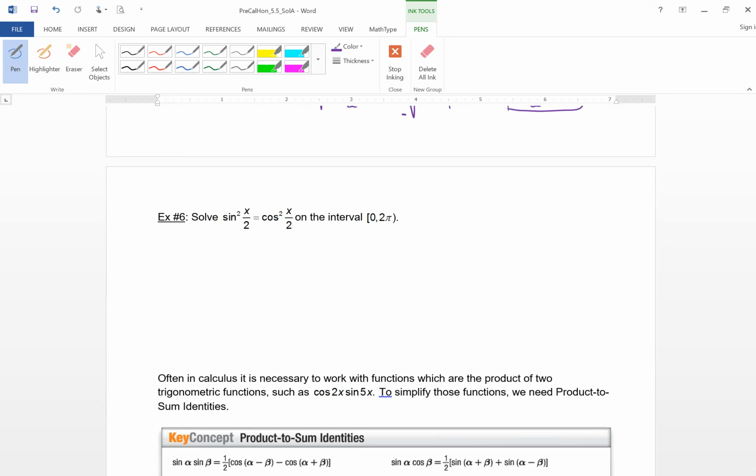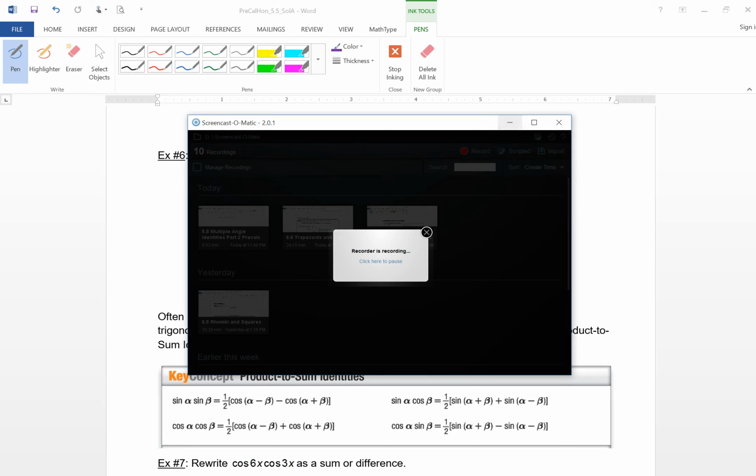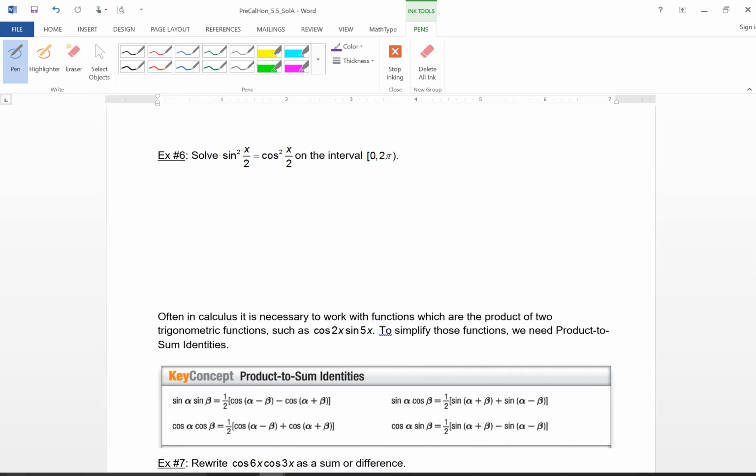Okay, so how do we apply this in an equation? We have sine squared x over 2 equals cosine squared x over 2. Well, guess what? We can write this with the power outside. So this is really sine of x over 2, squared, equals cosine of x over 2, squared.